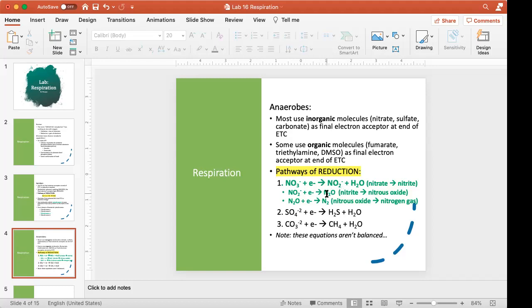And still other species will take the nitrate, reduce it to nitrite, further reduce it to nitrous oxide, and then further reduce it to nitrogen gas. So nitrate is really a fascinating final electron acceptor because it can take on different amounts of electrons. It can be reduced in stages, which is kind of interesting.